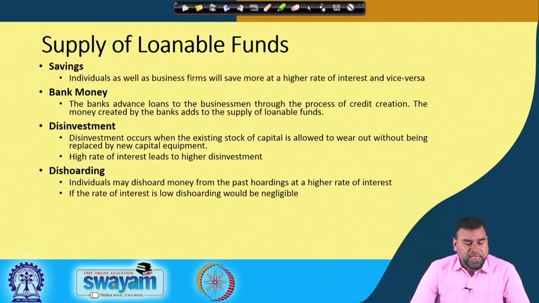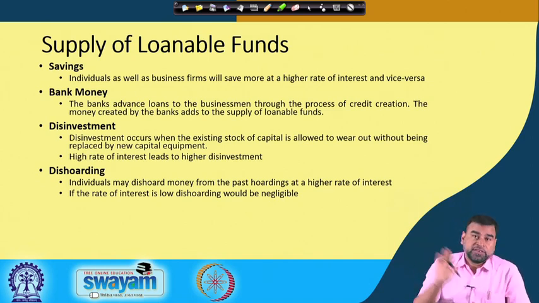Then another factor is bank money. I already told you that a bank can create money through the credit creation process. We will discuss more on this when we talk about commercial banking. So, what is the major job of the bank? The major job of the bank is to provide loans and take deposits. The loan is their asset and deposits are their liabilities.